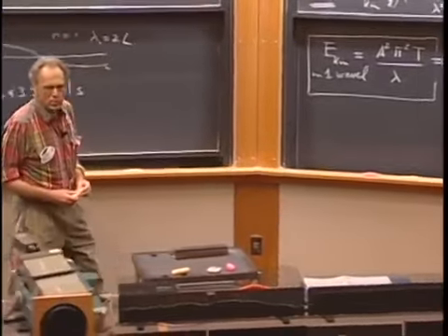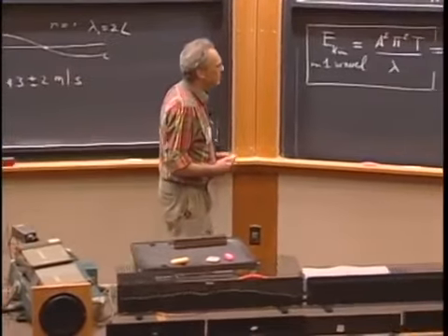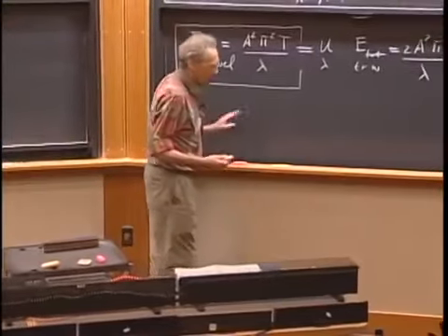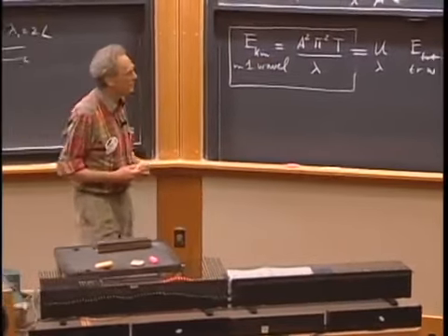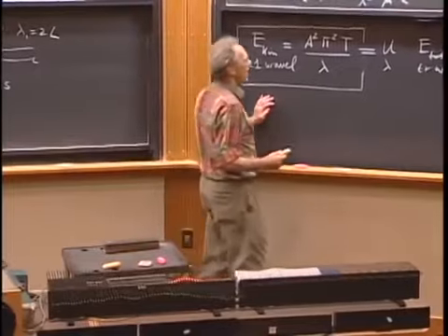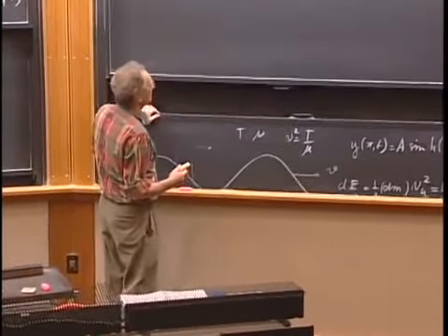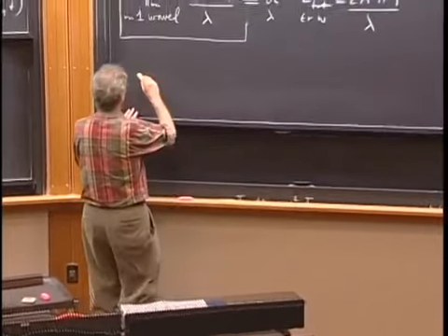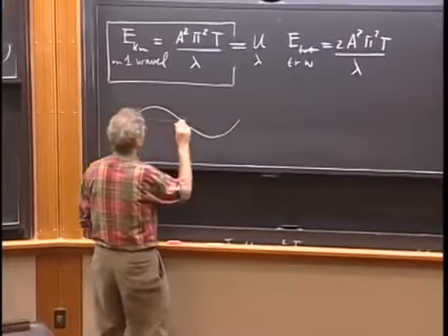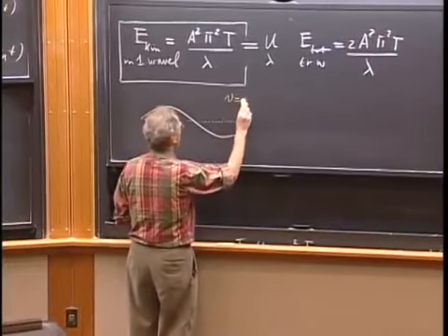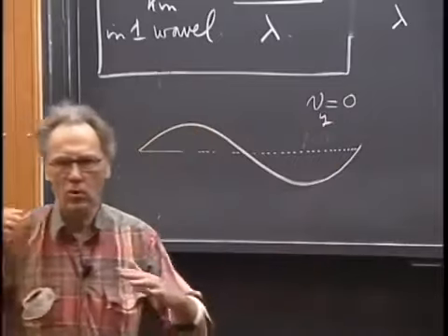I can now make you see, in a nice way, an energy balance to compare traveling waves with a standing wave. If I have a standing wave, and the standing wave is like this, and I look at this picture at the moment that the wave stands still, that v_y is 0, so it goes like this.